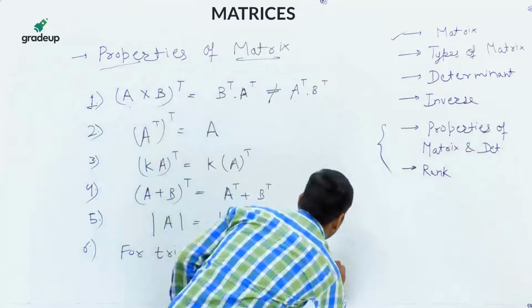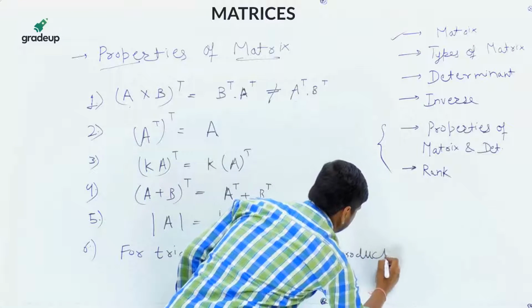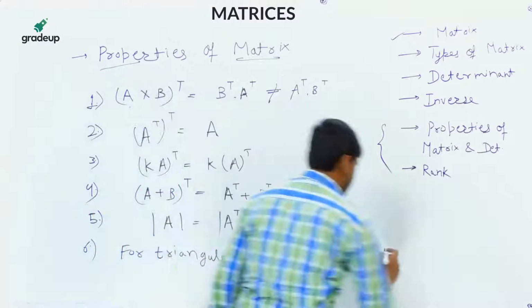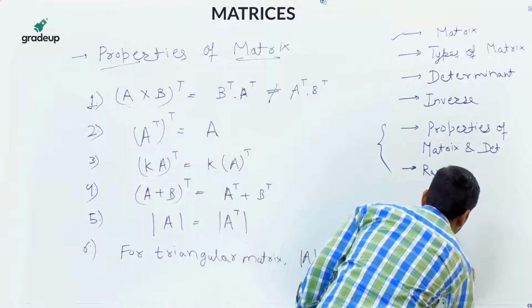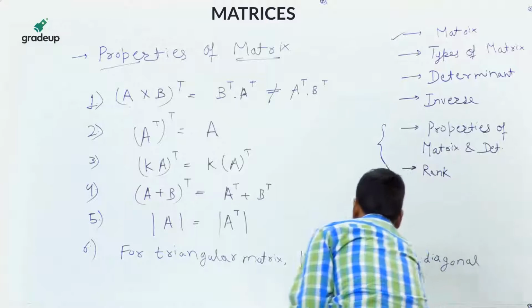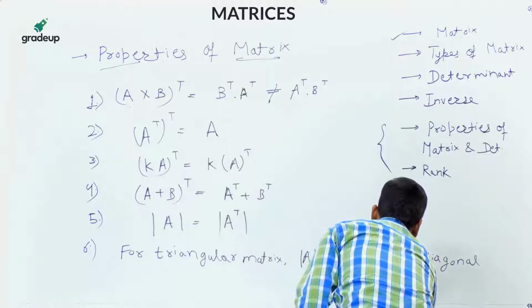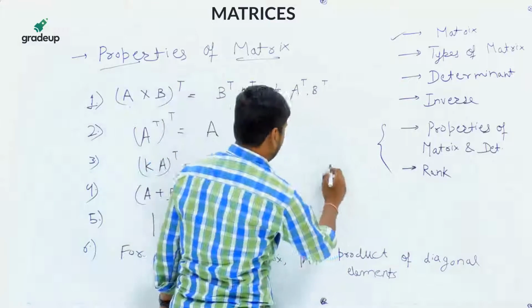It is the product of diagonal elements. It is a product of diagonal elements. Okay. Let me show you how.